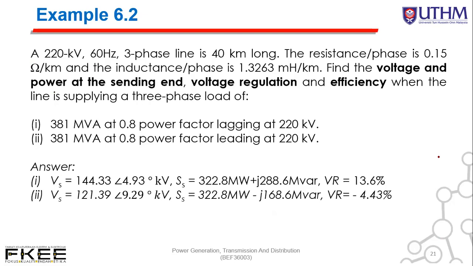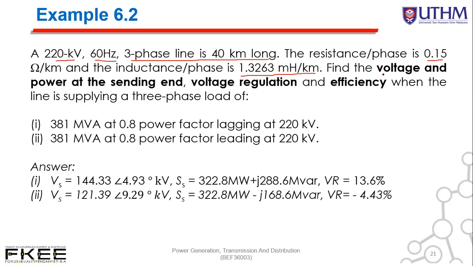In this example, we have a 220 kilovolt, 60 hertz, 3-phase line that is 40 kilometers long. Resistance per phase is 0.5 ohm per kilometer. Inductance per phase is 1.3263 millihenry per kilometer.